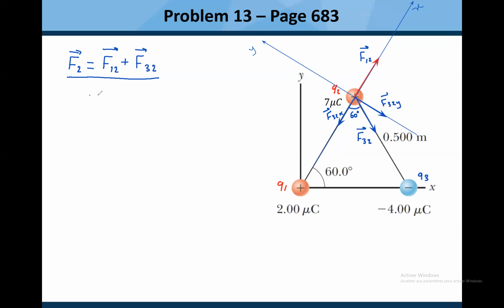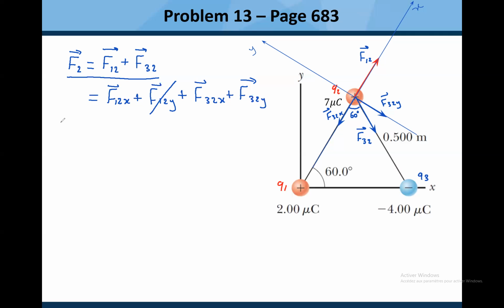So here we can write F12 plus F32 equals F12x plus F12y plus F32x plus F32y. We said that F12 has only an x component, so we don't have a y component.